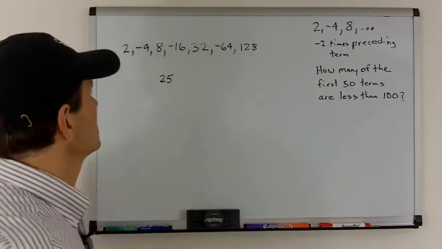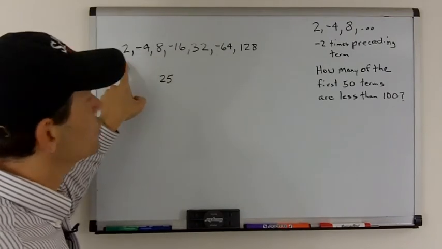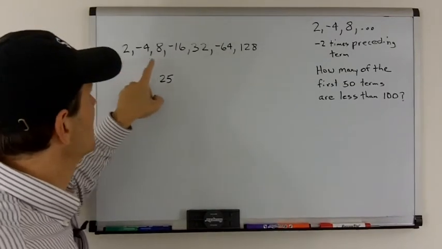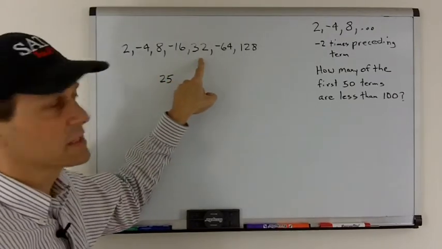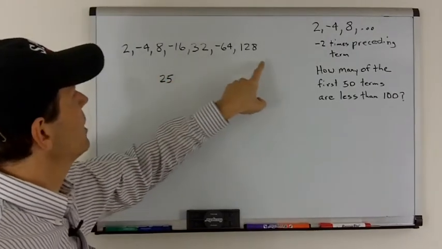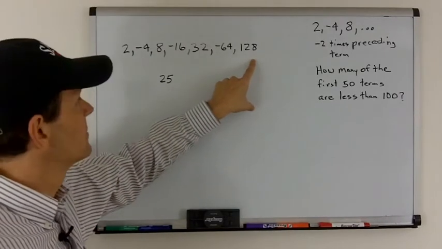Now, how many more than 25 are going to be less than 100? That's your next question. Well, if you look at this pattern, the 2 is still less than 100. 8 is still less than 100. 32 is still less than 100. But 128 is more than 100.